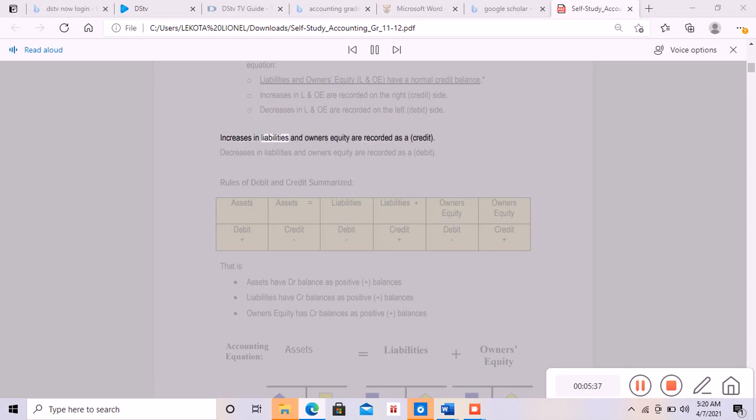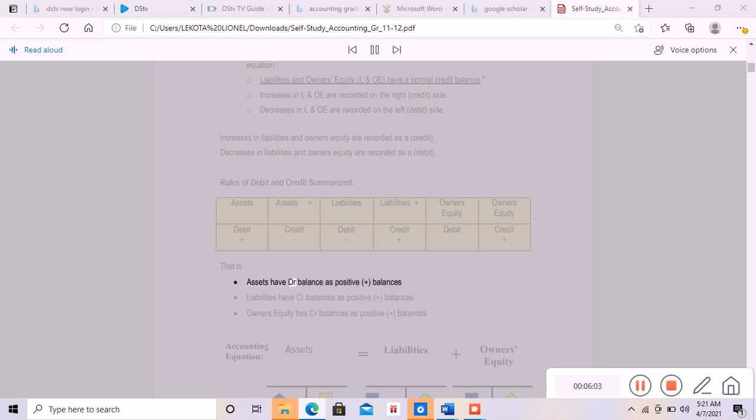Rules of debit and credit summarized. Assets equals liabilities plus owner's equity. Debit plus, credit minus; debit minus, credit plus. That is, assets have DR balances as positive, plus balances. Liabilities have CR balances as positive, plus balances.